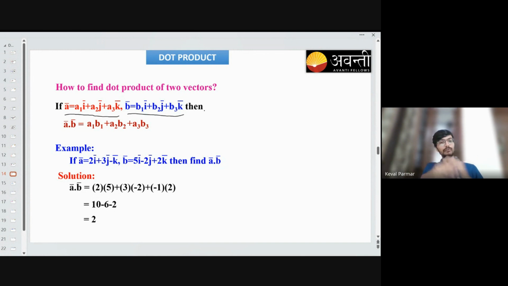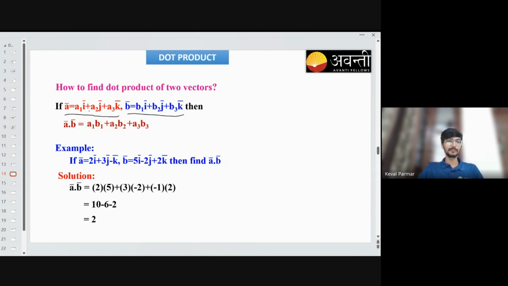And if I want to find A bar dot B bar, then I can easily find it by multiplying the corresponding coefficients and adding them.